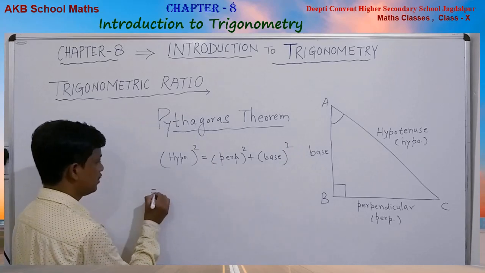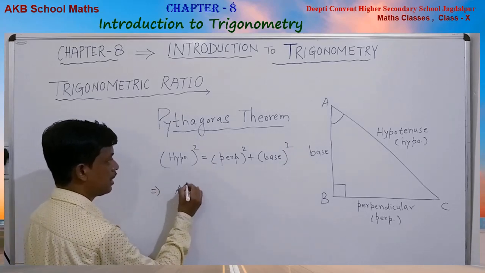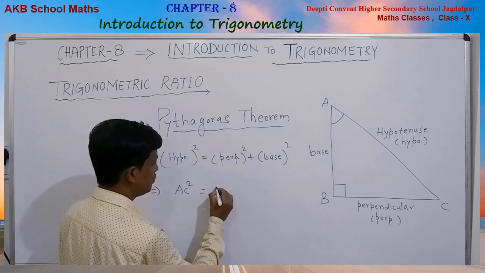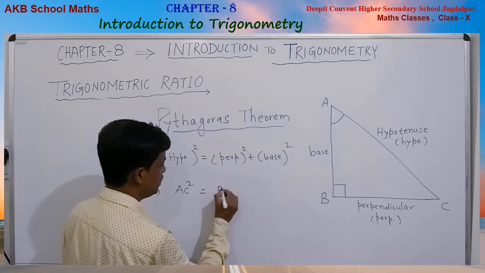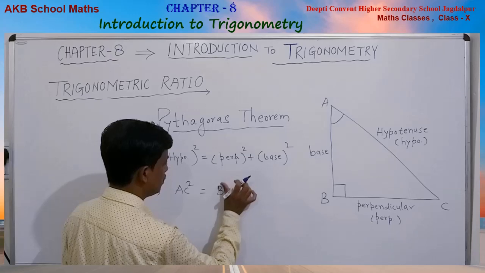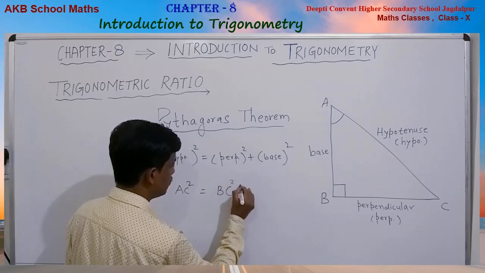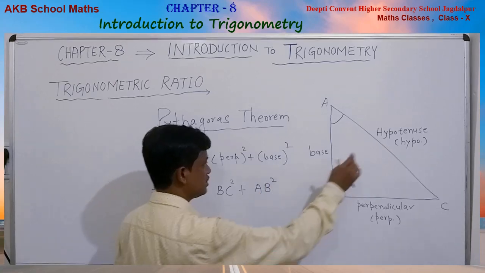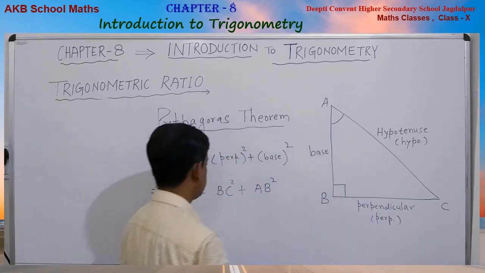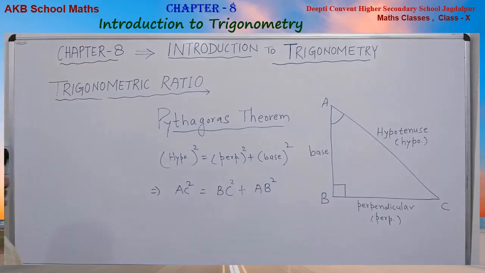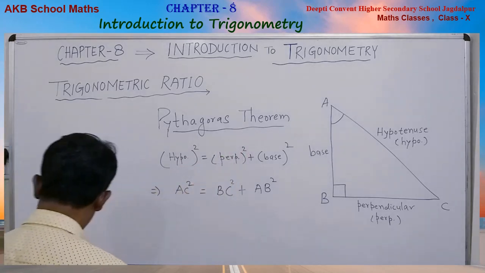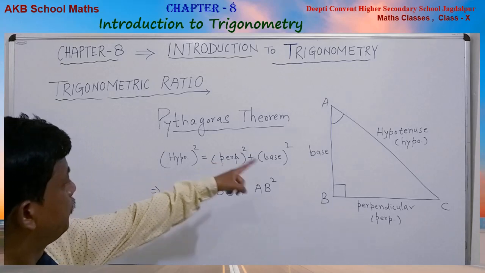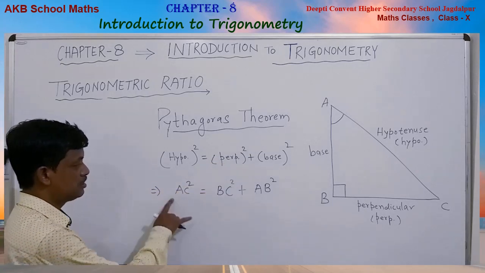In this triangle, AC square equals BC square plus AB square. Means this square equals this square plus this square. Hypotenuse square equals perpendicular square plus base square. So this will be the formula.